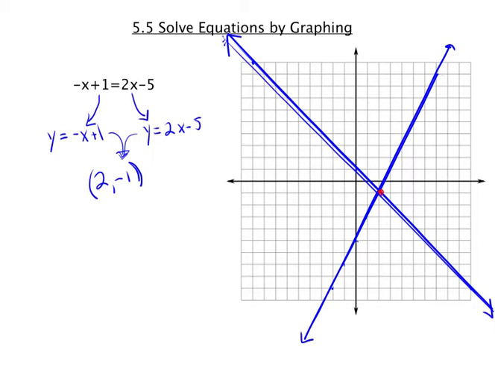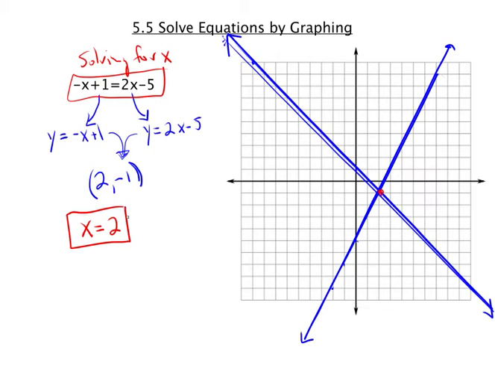But remember, when we look at what we are solving for, up here in our original equation, we were solving for x. So down here in our solution, we're going to look for x equals, which is 2. So that is our answer to this equation by solving through graphing.